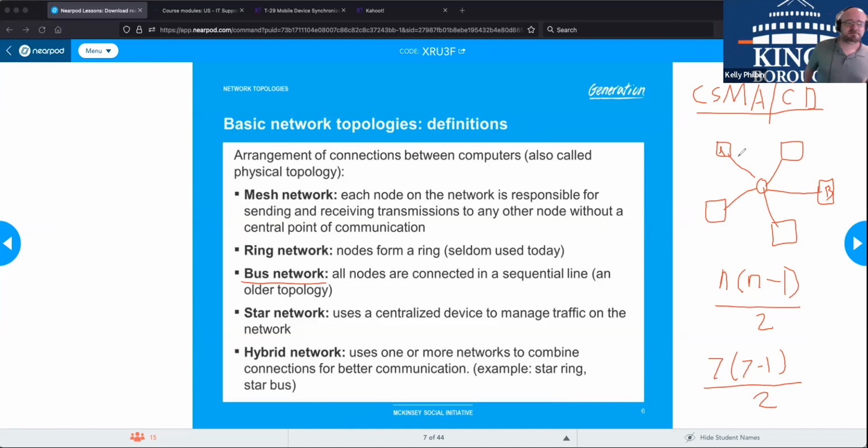Yes, Oscar. Going back to mesh network, I don't know if we're going to cover it later, but is that similar or the same to the mesh networking that you have with wireless routers today? To a degree, yes, but it's doing it in a wireless sense.